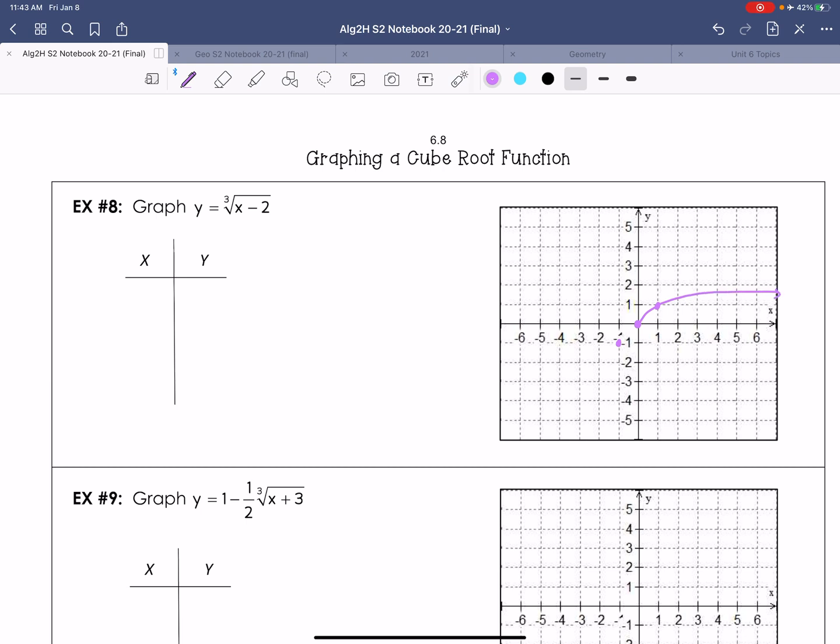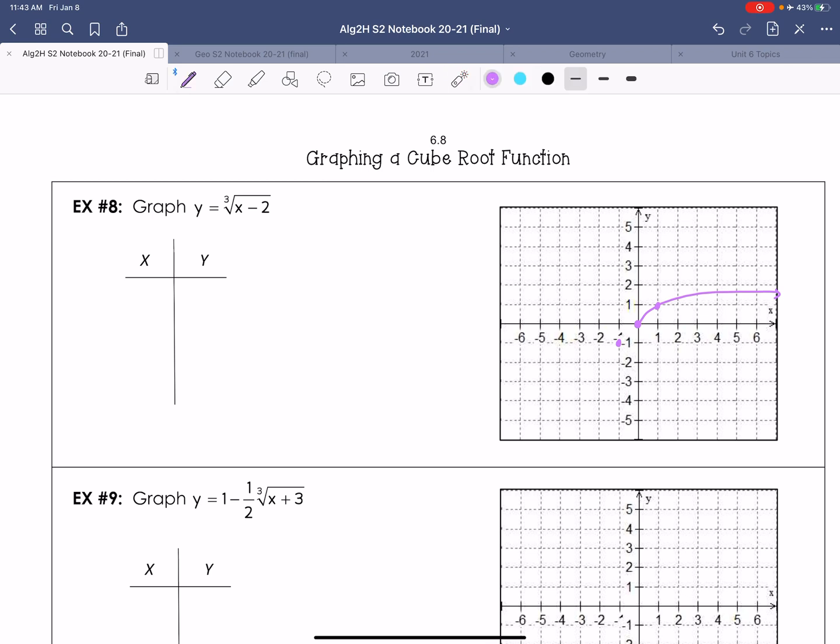The only thing I'm going to tell you to be careful about: do not let this line cross this one until 8. It needs to just go right along that 2 line until it hits 8. If you draw this and you cross that, you are incorrect. So it's just going to go right along it. Once we hit 8, that's where it would actually cross it. It's very steep, sideways steep, I guess.